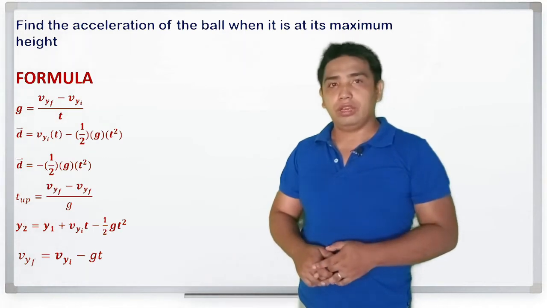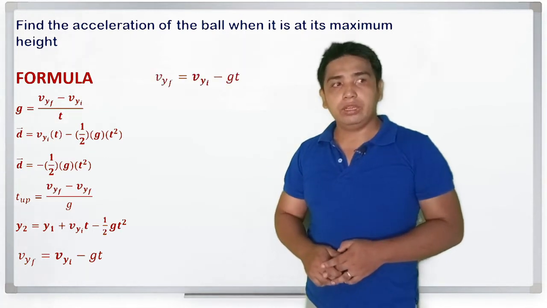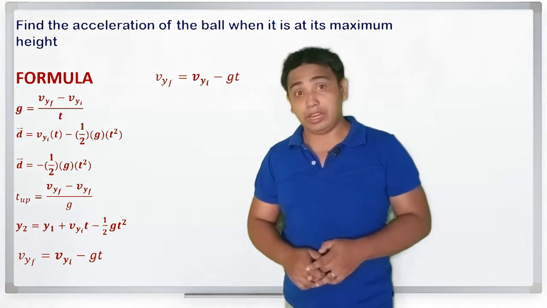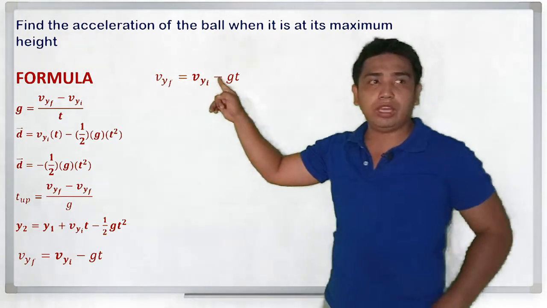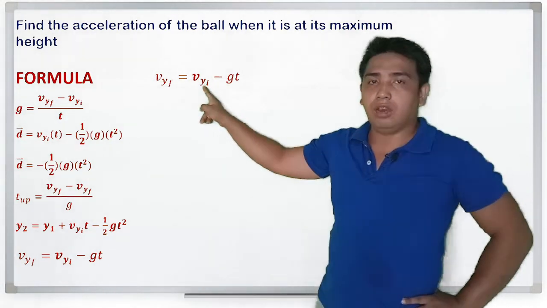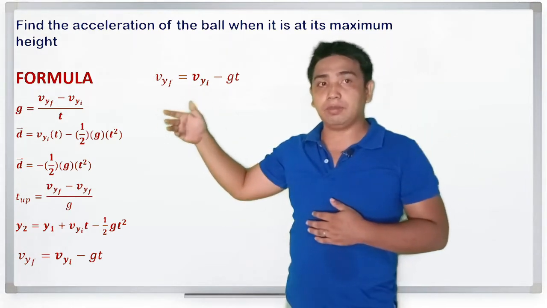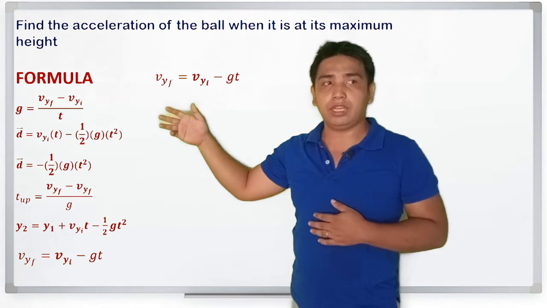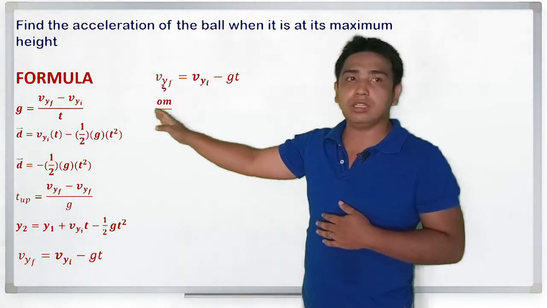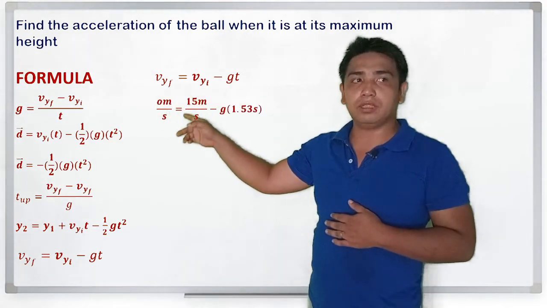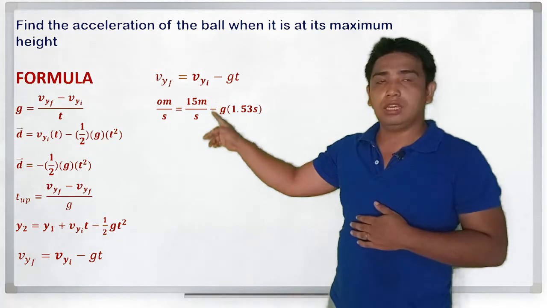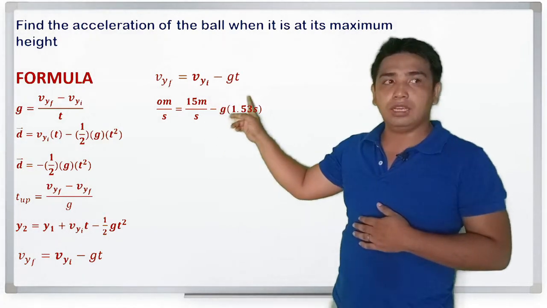Vyf, or the final velocity, is equivalent to Vyi minus gt. So we write it right here, and we all know that the velocity of the ball when the ball is at its maximum height is 0 meters per second. So Vyf will be 0, equivalent to 15 meters per second minus g times 1.53 seconds.